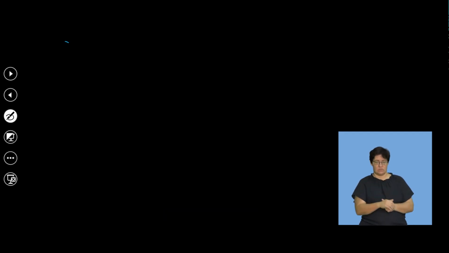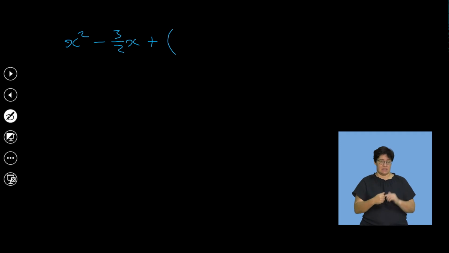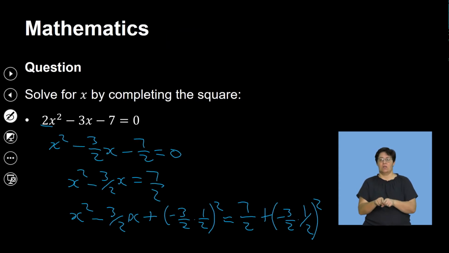So it will then be x squared minus 3 over 2x plus, in the brackets here, it's supposed to be minus 3 over 4. I hope I have that right. Squared equal to, let me just verify, minus 3 over 2 by half is negative 3 over 4, yes.